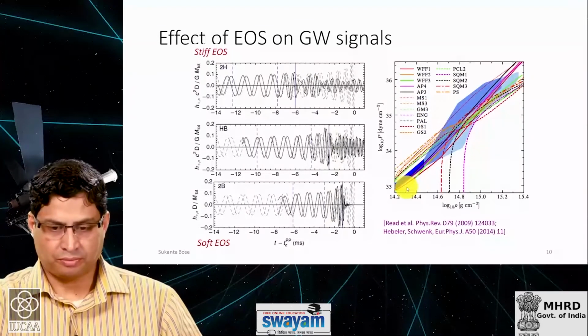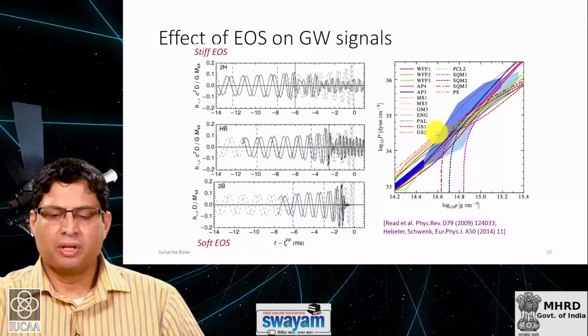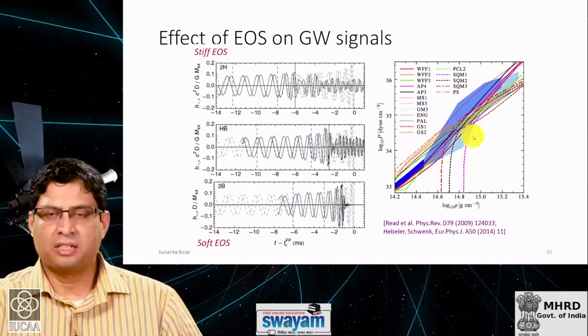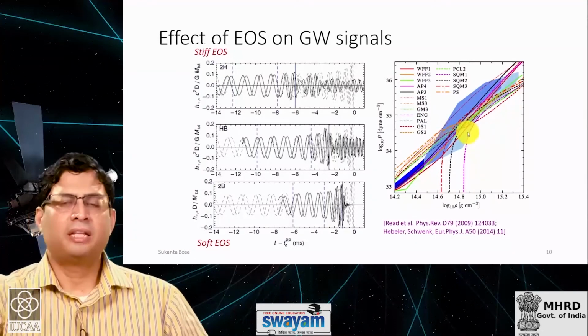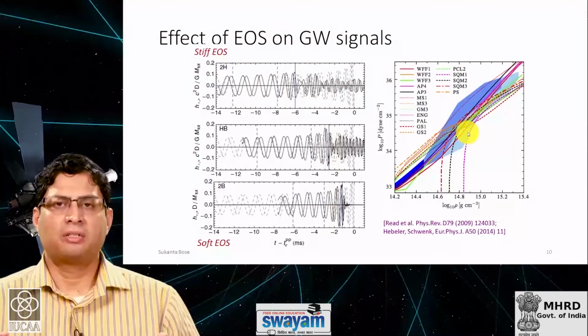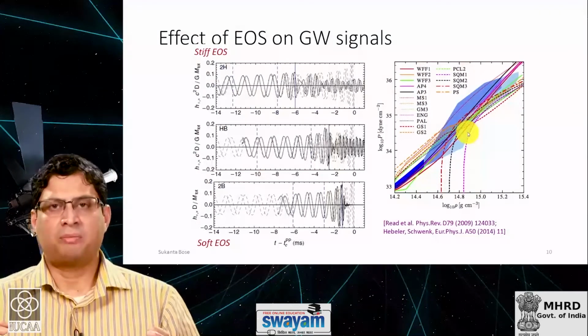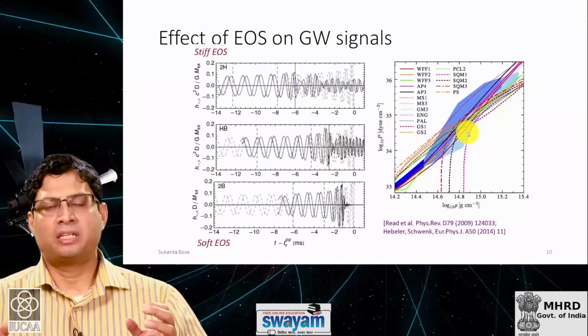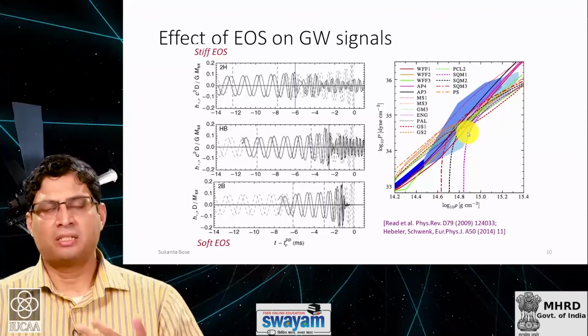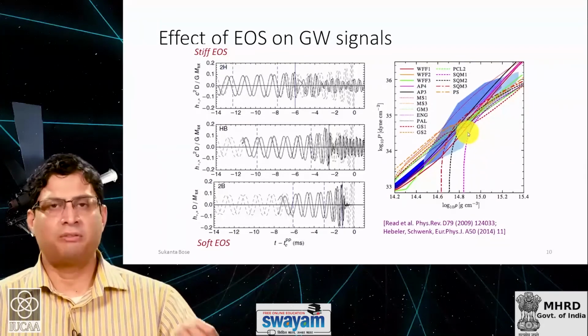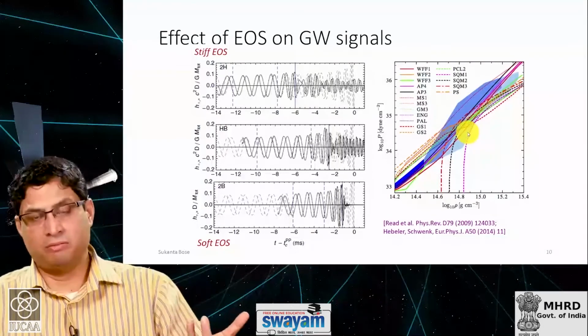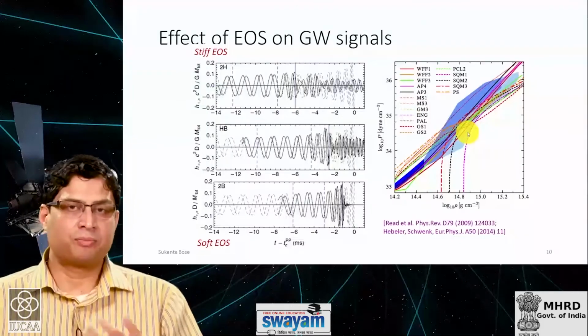So, if the pressure exerted is not very strong, then the neutron stars are, relatively speaking, more collapsed. They are less spatially extended, which means that their waveforms are consistent with waveforms produced by even 2 point particles or 2 black holes moving around.